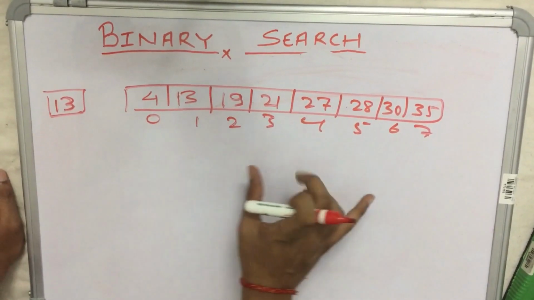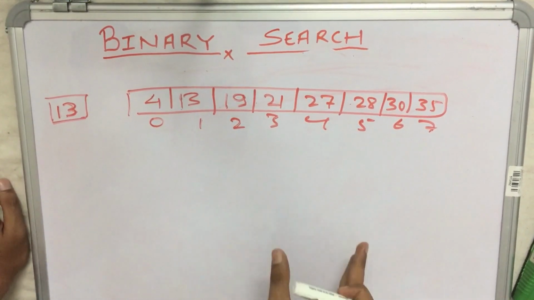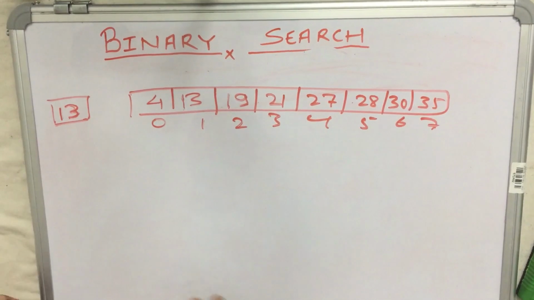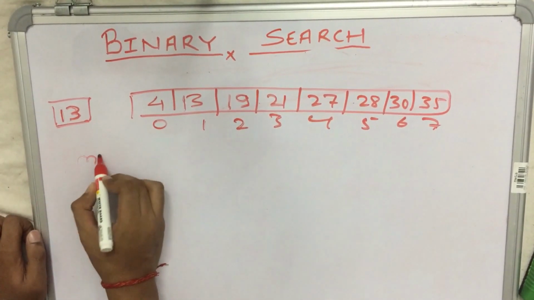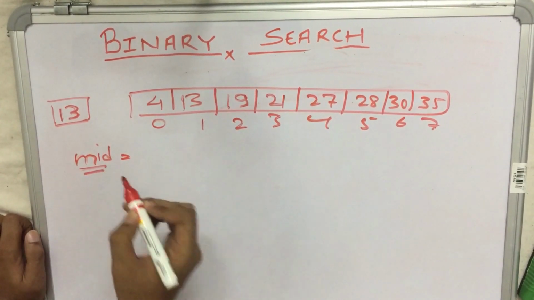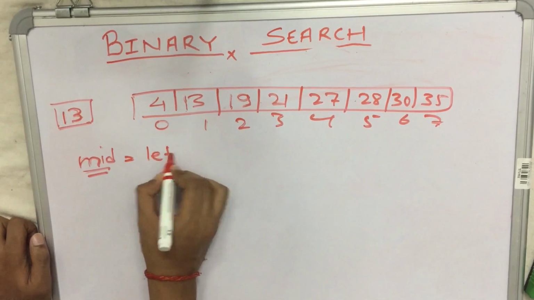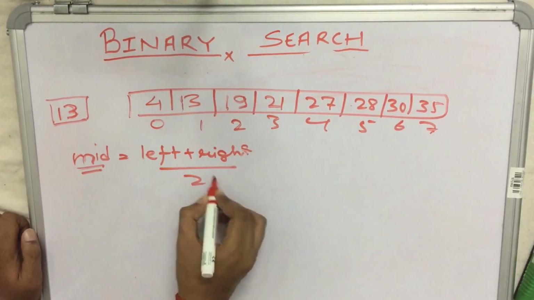We can see that the number of elements here is even. So the question comes to your mind: how are we going to divide the array? The basic formula which you're going to use is this. Mid, which is the middle or center element, is equal to left plus right divided by 2. What do left and right represent?